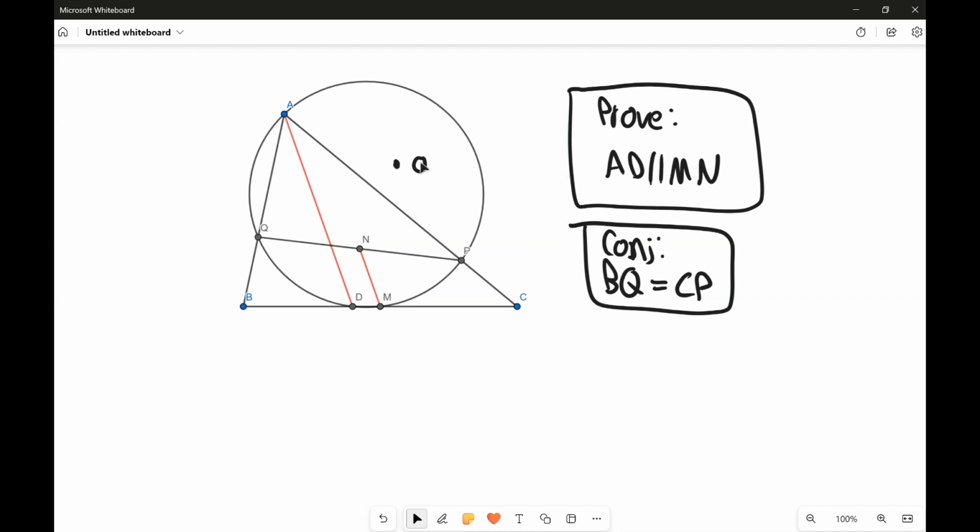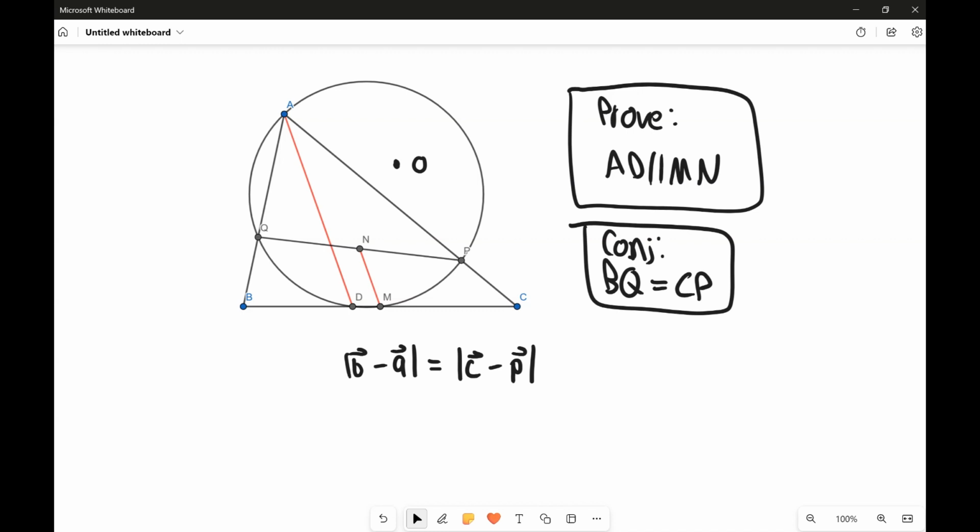It can be here, here, or here, anywhere. And we let b be the vector corresponding to B, c be the vector corresponding to C, and so on with lowercase letters. Then we know that the length of b minus q is equal to the length of c minus p.